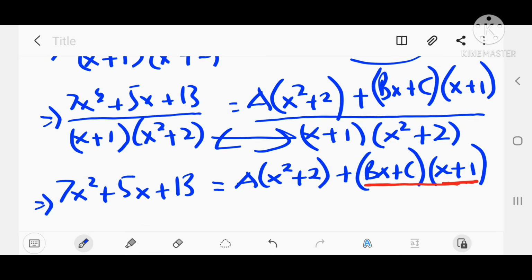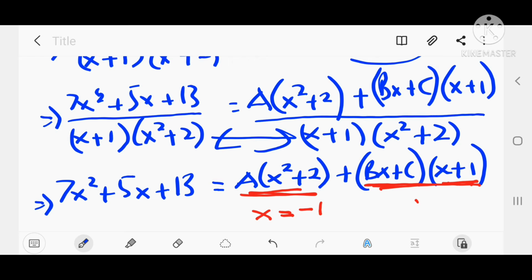That means we can find our a. To make this expression 0, we need to substitute x equals -1. So let's substitute x equals -1.